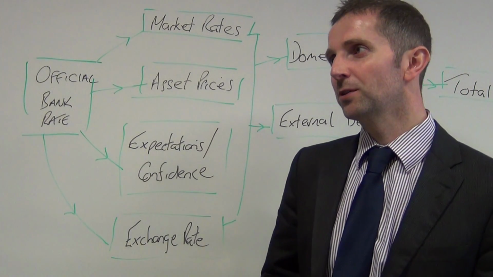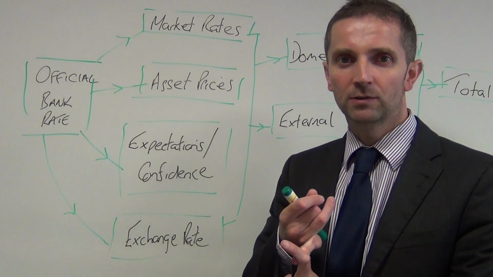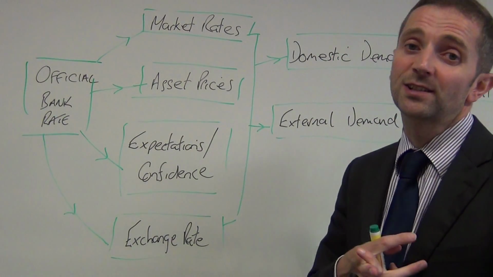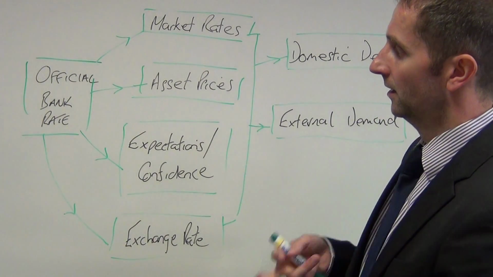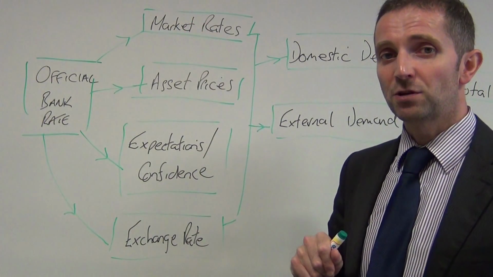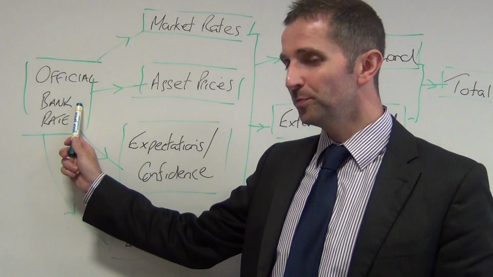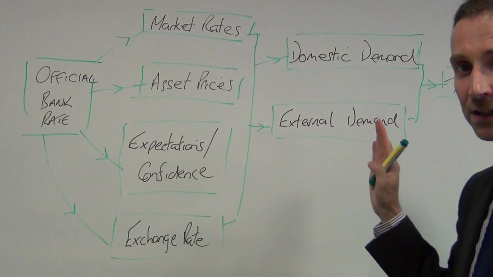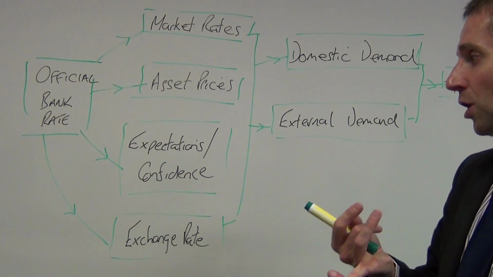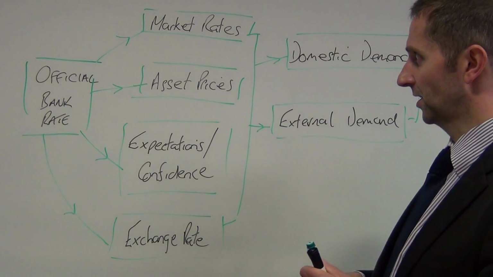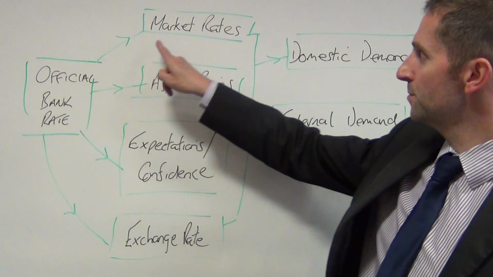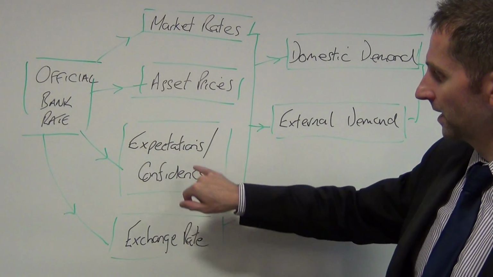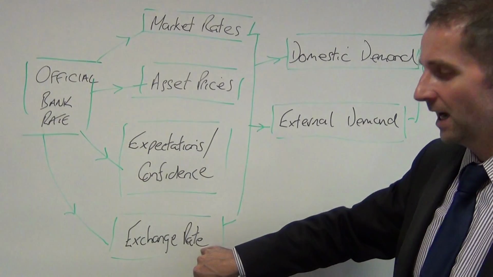And when we're talking about the real economy, we're talking about levels of real output, jobs, so employment, price levels, and in the case of the transmission mechanism, it's the official bank rate, so the base rate of interest, which is determining lots of other things which will then impact jobs, price levels, levels of output, etc. So the official bank rate has an impact on market rates, it has an impact on asset prices, expectations and confidence, and exchange rates.